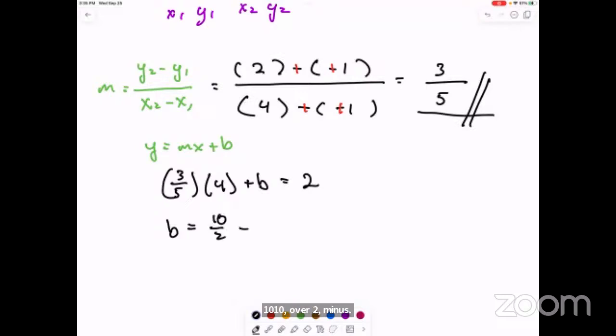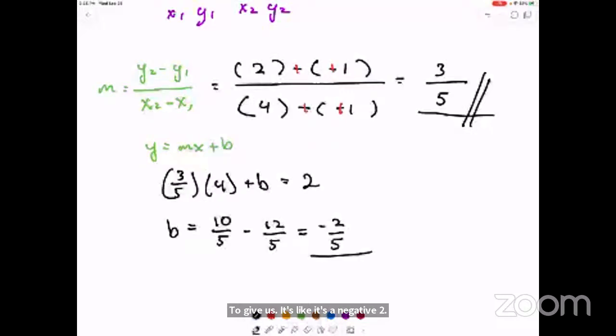Let's back up. We want that to be over 5. So it's 10 over 5 minus 12 over 5, to give us negative 2 over 5. And we got our y-intercept.